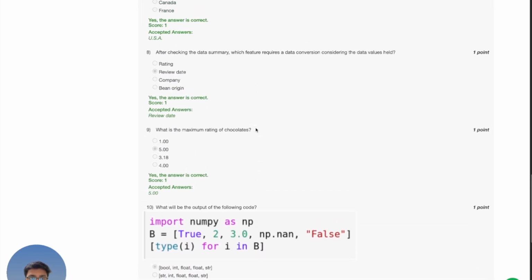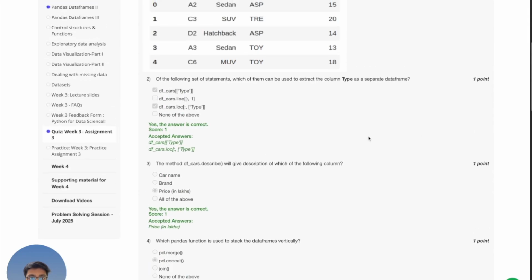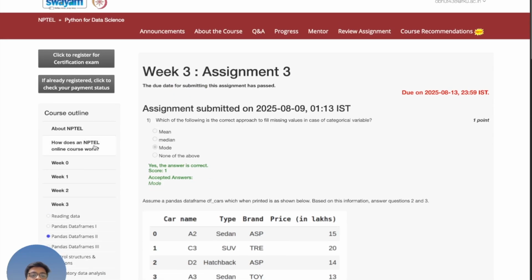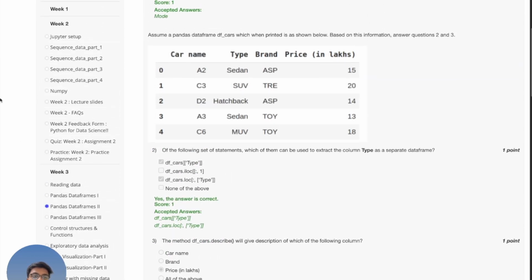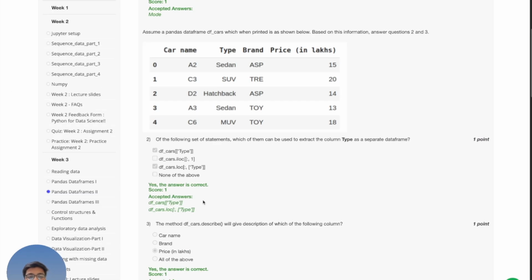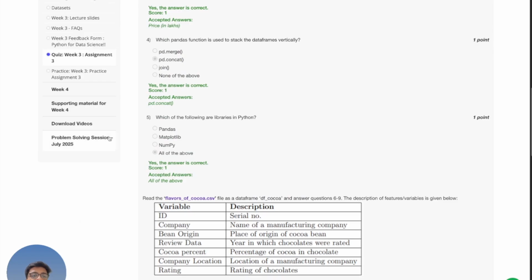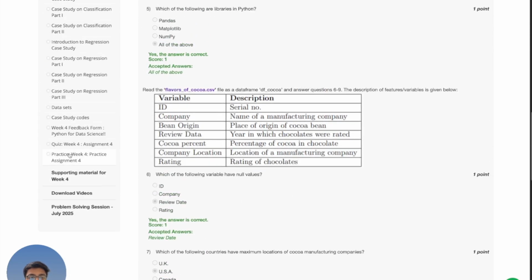Sounds good, right? Getting good marks. So till now we are going good in all the weeks. Sorry, I can't check week 2 because I haven't submitted week 2 yet. So with the same energy, let's begin with week 4.